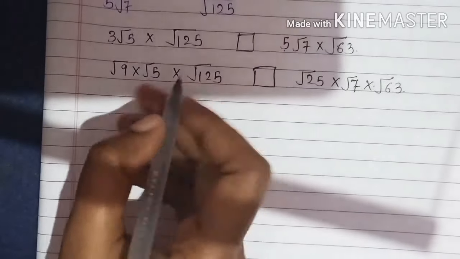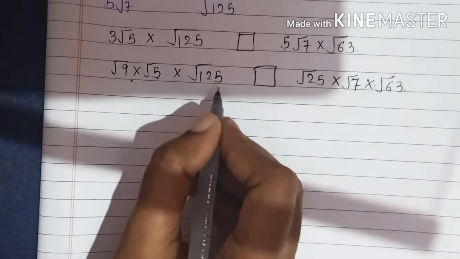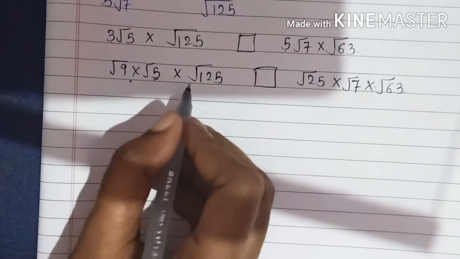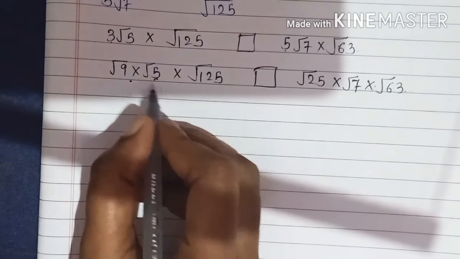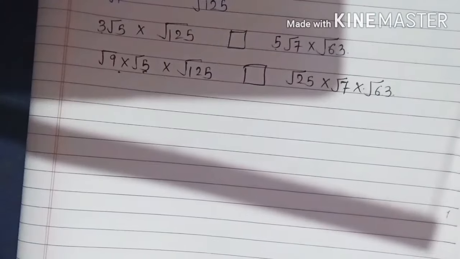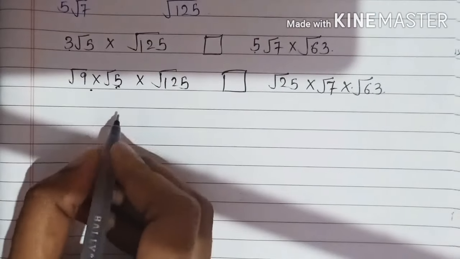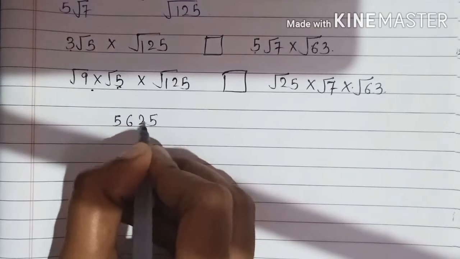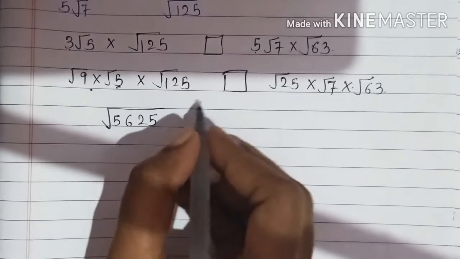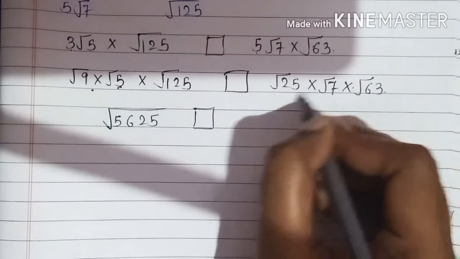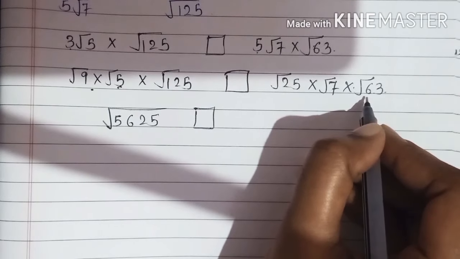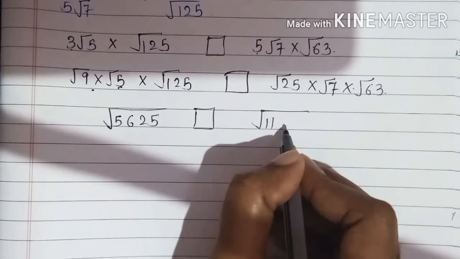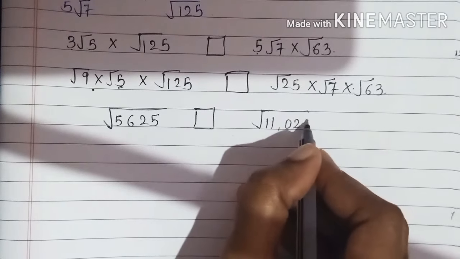So here we will multiply 9, 5 and 125. 9 5s are 45 and 45 multiplied by 125. So this you can do roughly. After multiplication you will get 5625, the square root of 5625, and here after multiplication you will get 11025, the square root of 11025.